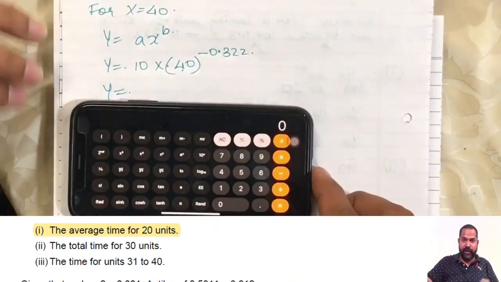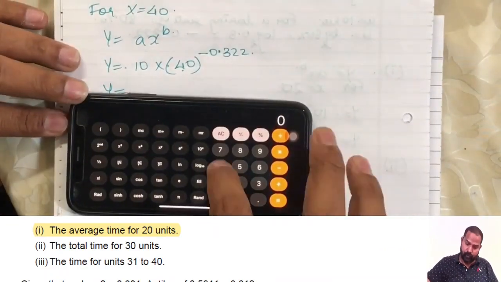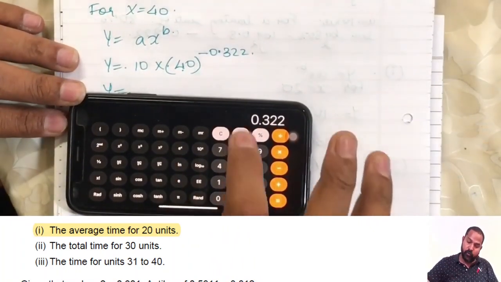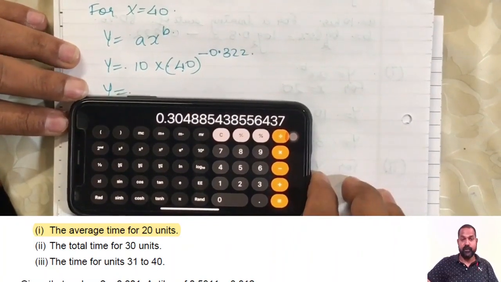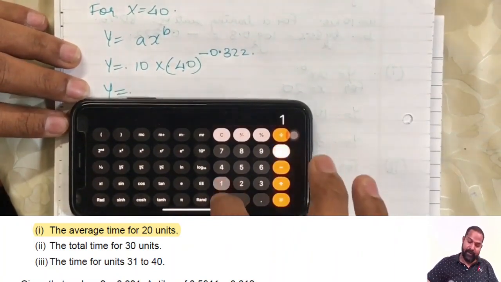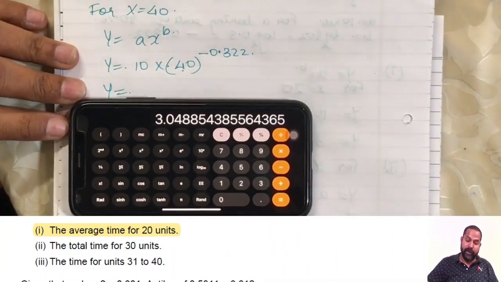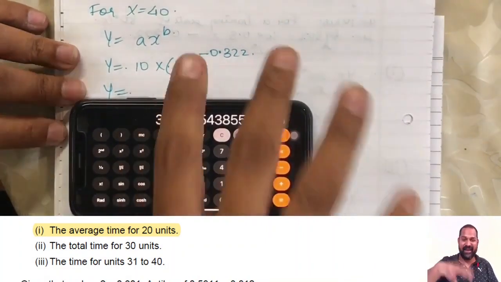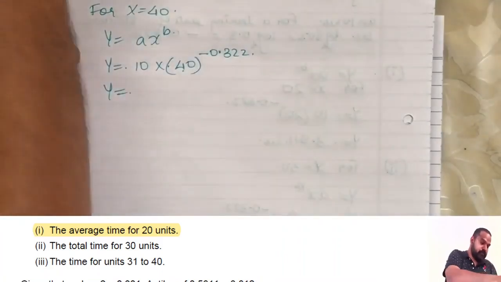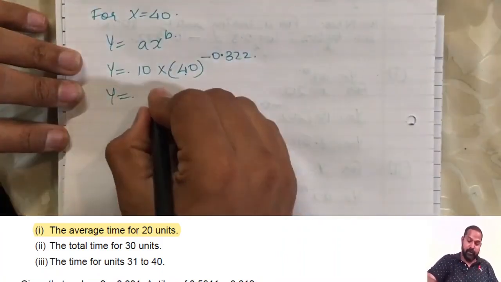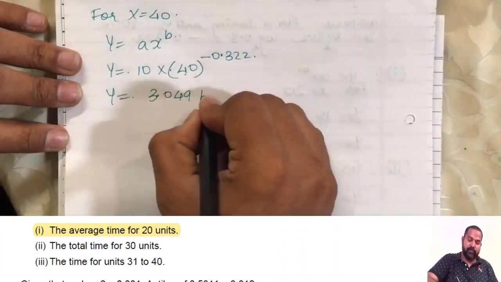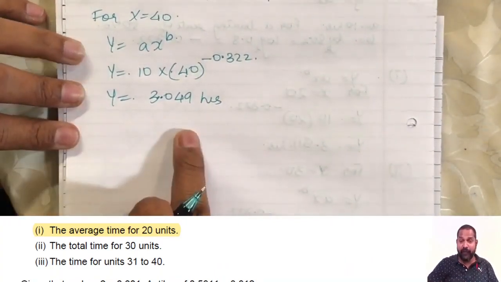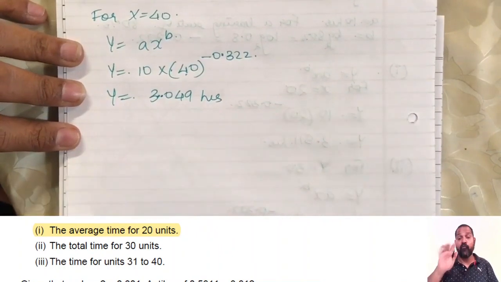So I have 40 raised to 0.322 but negative. This is what I get. Multiply that by 10. 3.0488. I'm going to write it as 3.049. So this becomes 3.049 hours. This is the average time it takes for 40 units.